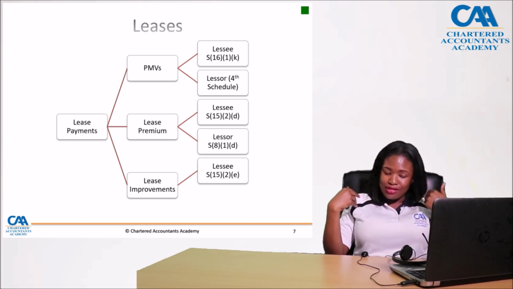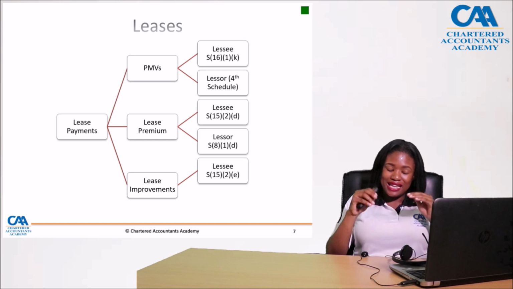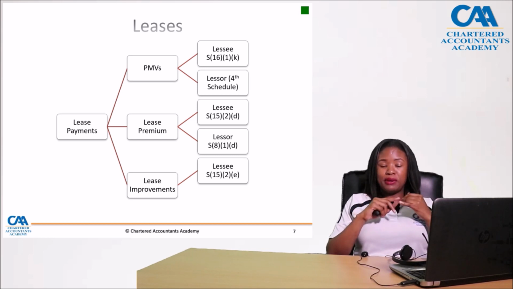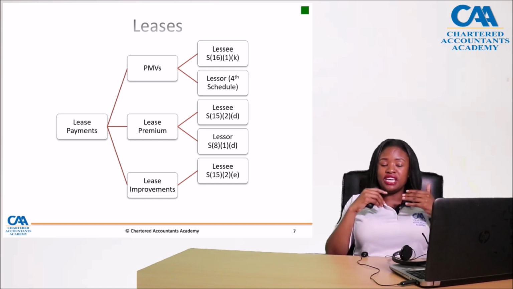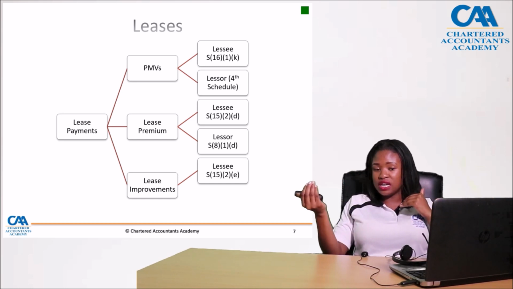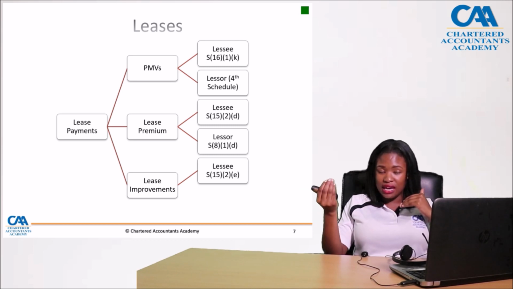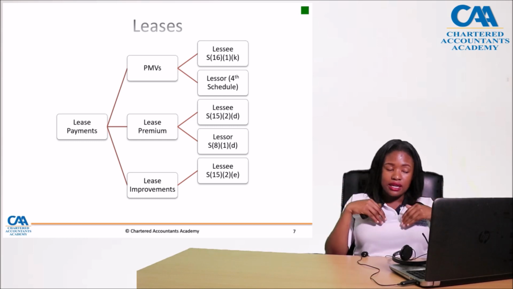So these are the obligatory improvements, and they can be deducted by the lessee over a period of 10 years or the lease period, whichever is less. So in the example that I just gave, if the lease term remaining is 15 years, you deduct over 10 years. If it is 8 years, then you deduct over 8 years.